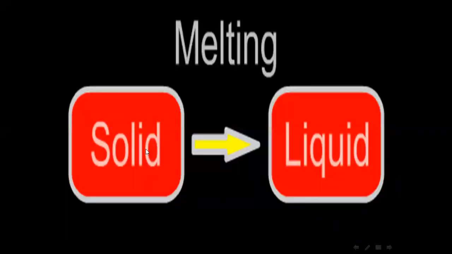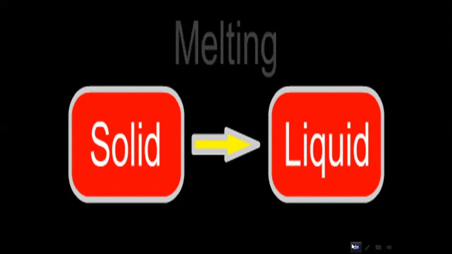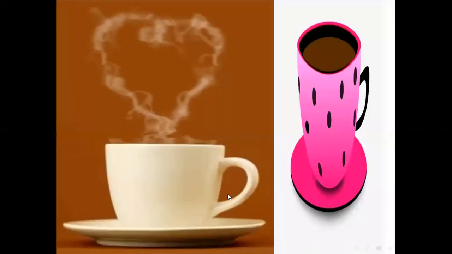Melting. When we melt solid particles, they convert into liquid. How? Let's see. A cup of hot tea has thermal energy in the form of kinetic energy from its particles.